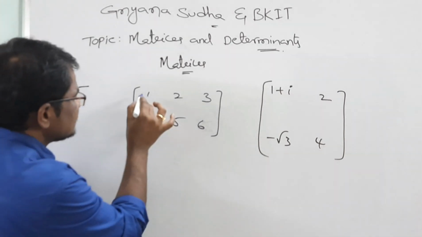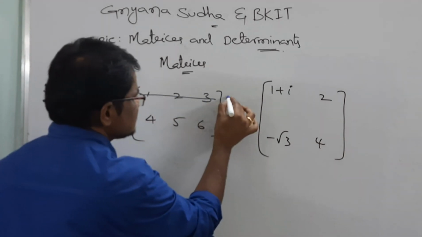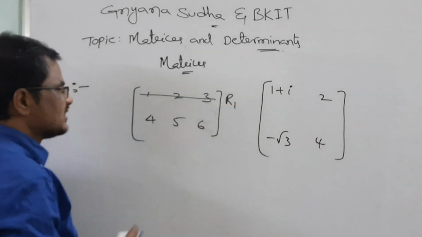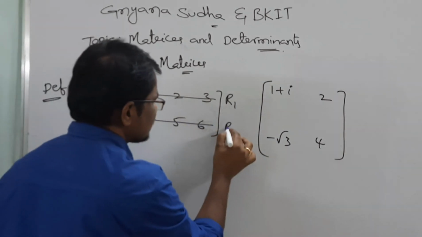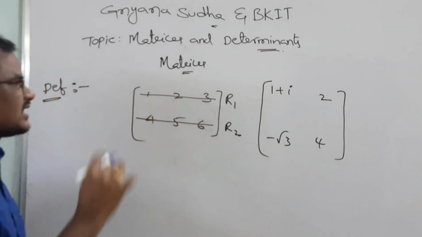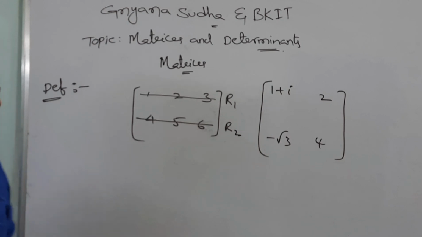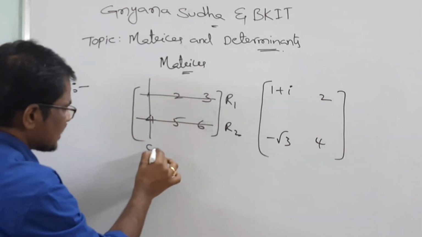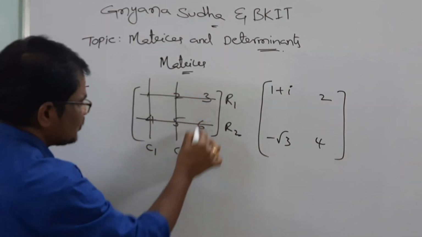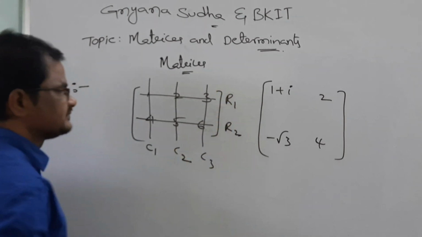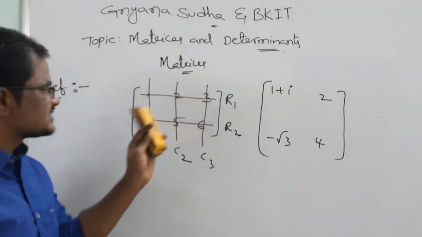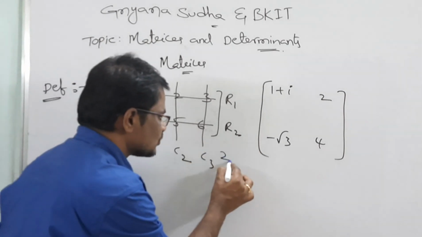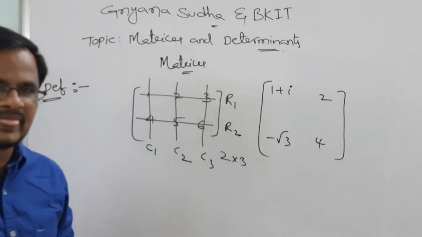So here this line is called R1 and this one is R2, so this matrix contains two rows, and this is column 1, this is column 2 and this is column 3. So this matrix contains two rows, three columns.